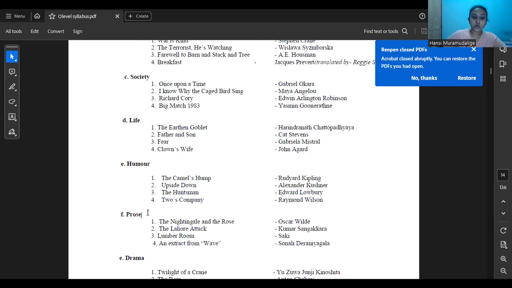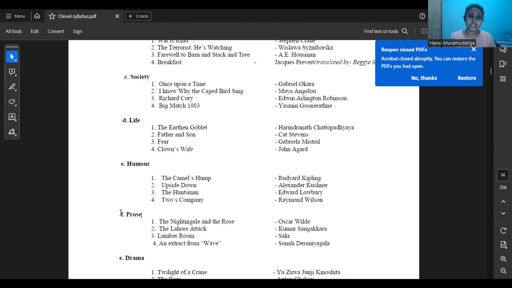And then prose. Prose includes short stories, maybe the speeches done by several people, maybe some extracts taken from books. පොත් වලින් ගත්ත කොටසක් වෙන්න පුළුවන්. කවුරු හරි කතා කරපු එකක කොටසක් වෙන්න පුළුවන්, right? So, and short stories. කෙටි කතා වෙන්න පුළුවන්. කෙටි කතා කියන්නේ ගොඩාක් දිග නෑ.